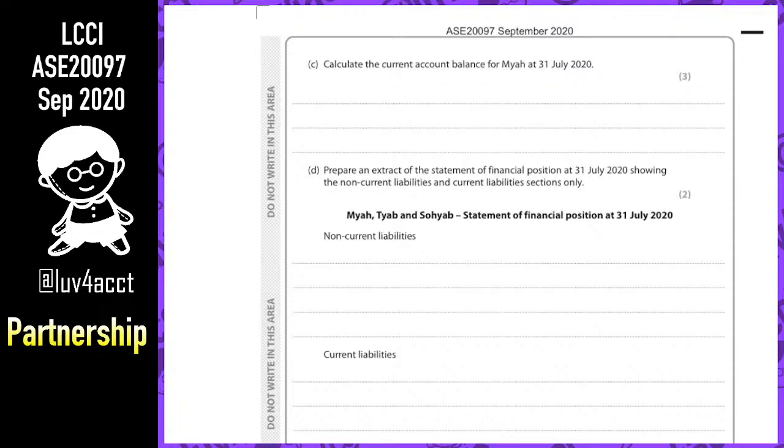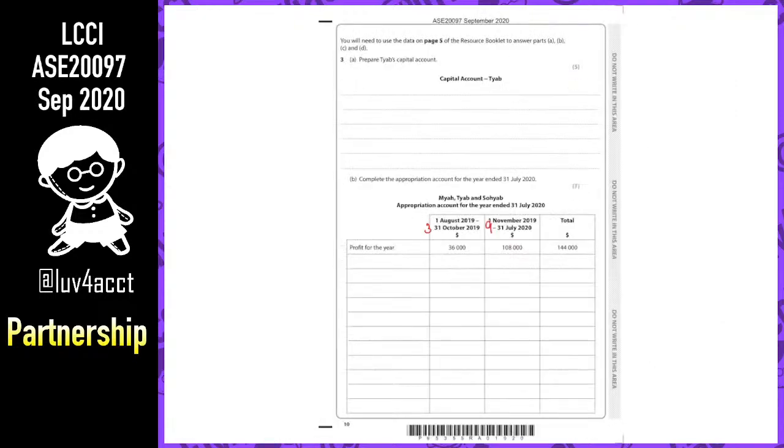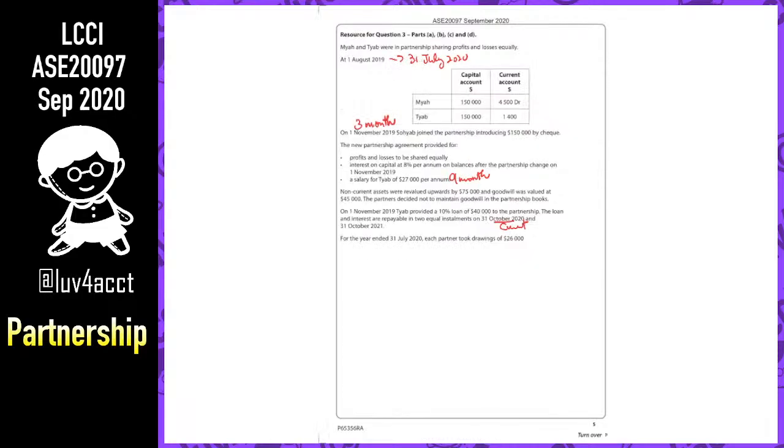Okay, let's see. So, the capital account of partner T. What happened to him?